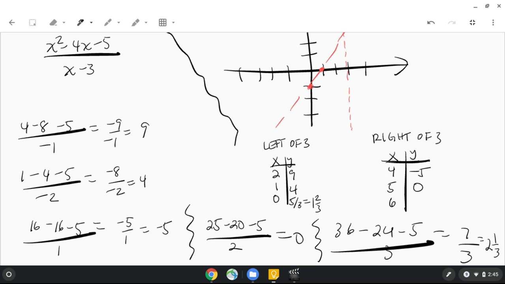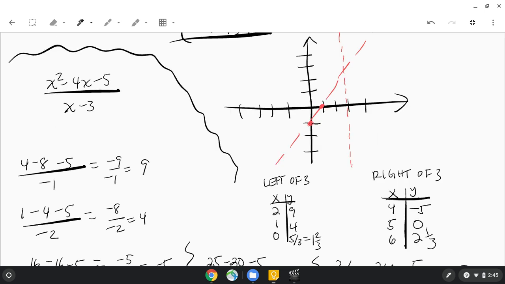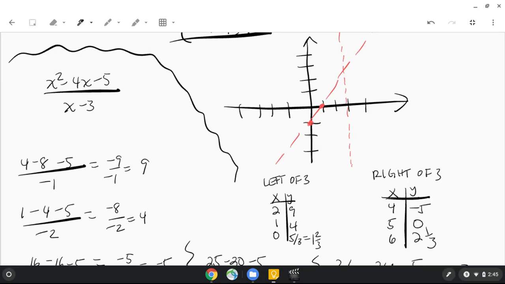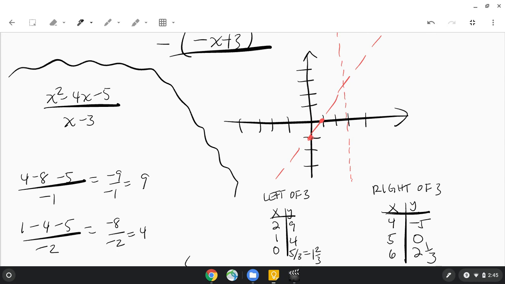All right, let's see what we get here. Hopefully we did all the calculations correctly. If not, I'll check it again. All right, 2, 9. So that's way up here, 1, 2, 3, 4, 5, 6, 7, 8, 9.